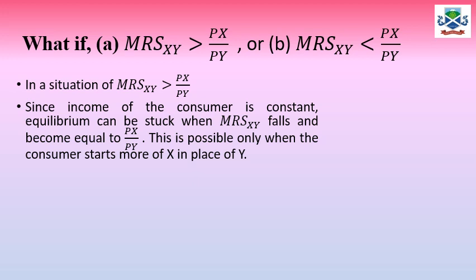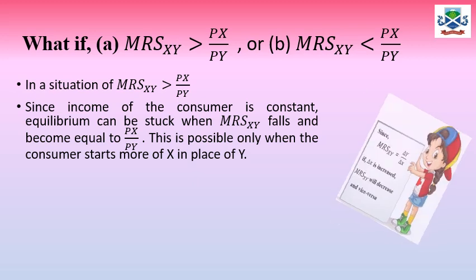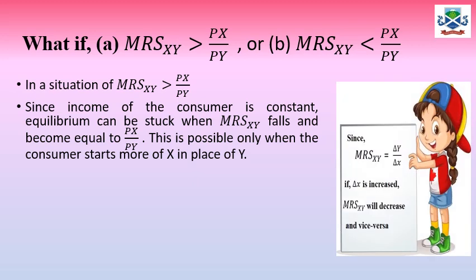This is possible only when the consumer starts consuming more of good X in place of good Y. If the consumer consumes more of good X, then as X increases, MRS will decrease, and vice versa, until they become equal.